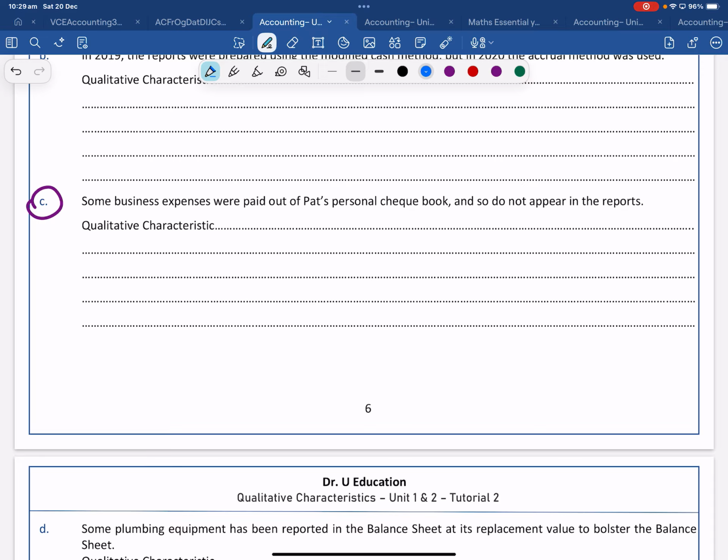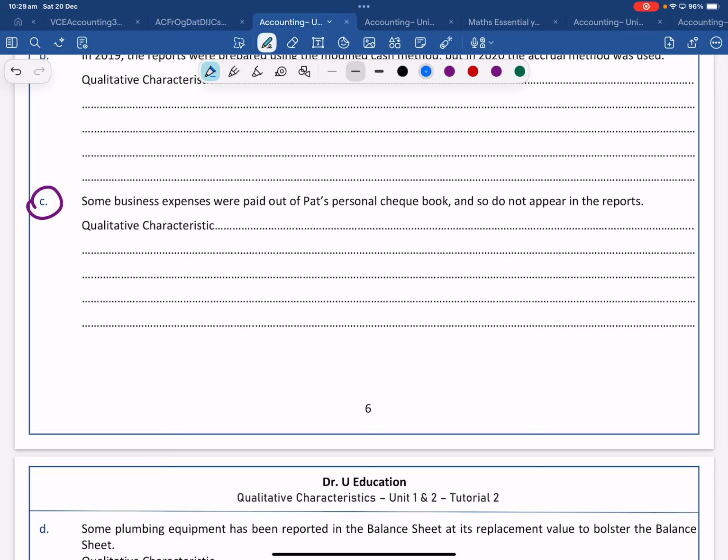But more than faithful, what is more predominant here is relevance. Why? Because when the expenses have been missed out, we call them omitted. You know the meaning of omit? O-M-I-T.